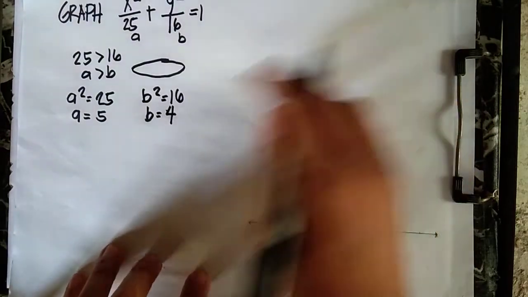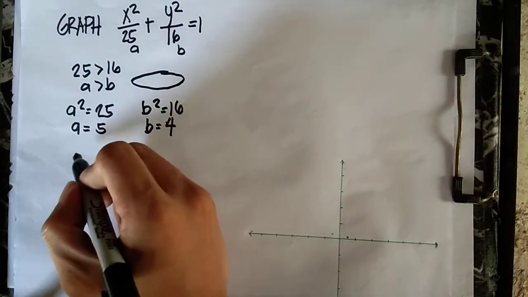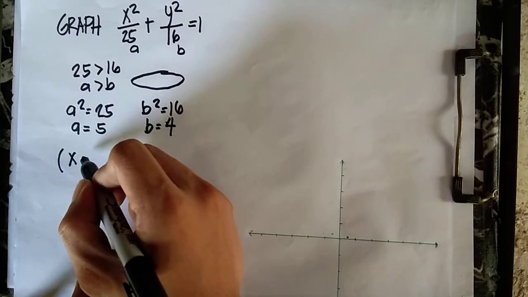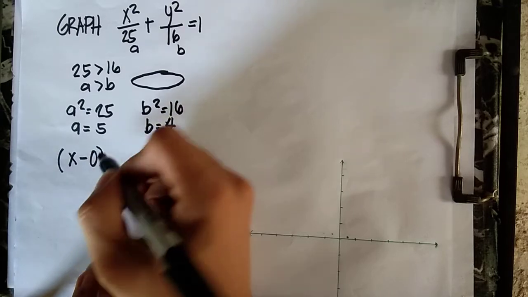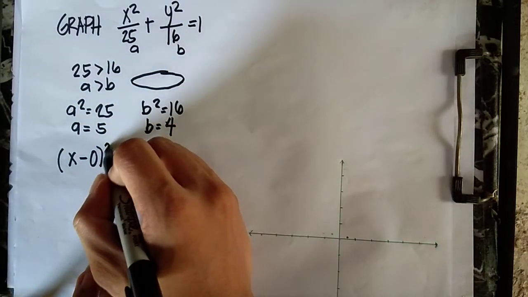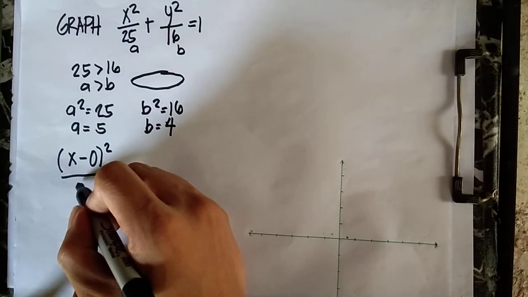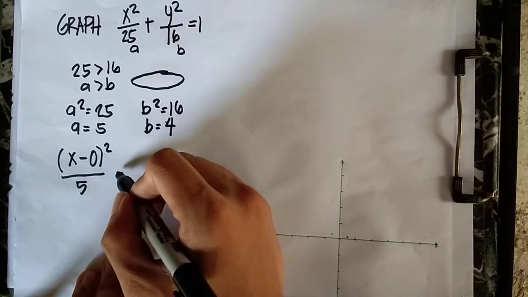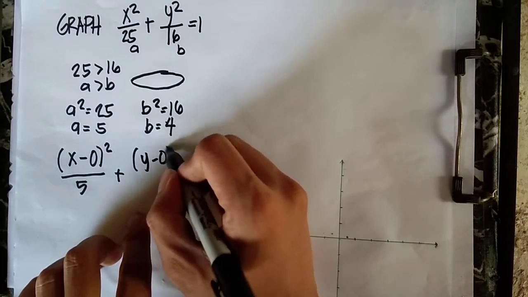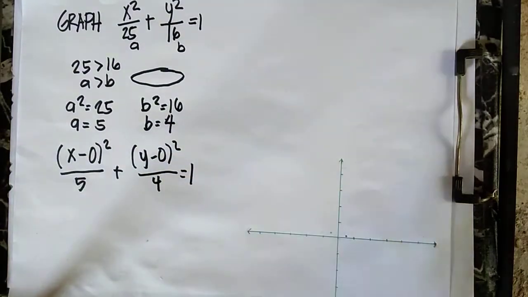And then let's write this on our standard form. So we will have x minus 0, since wala tayong kasamang h, squared all over 5 plus y minus 0 squared all over 4 is equal to 1.